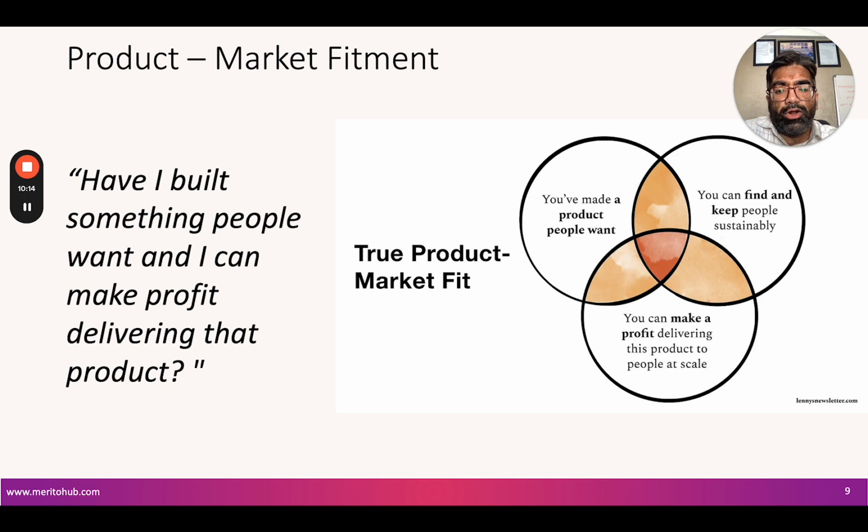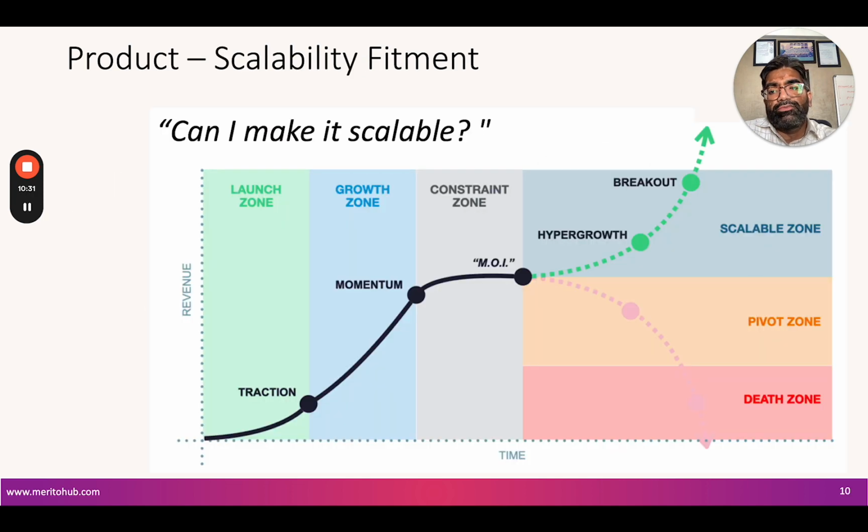It's very important that product market fit means you have a product for the end customer, and while you're selling this product, it is making a profit. That gives you confidence that there is a product market fit established, and then you can think about going next, which is scalability fit.